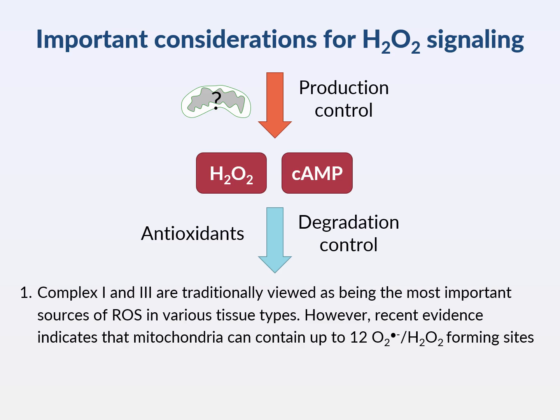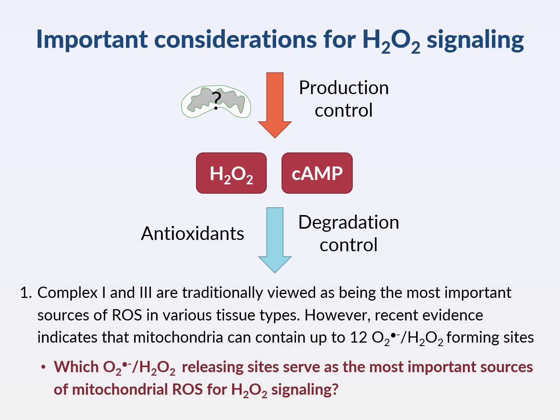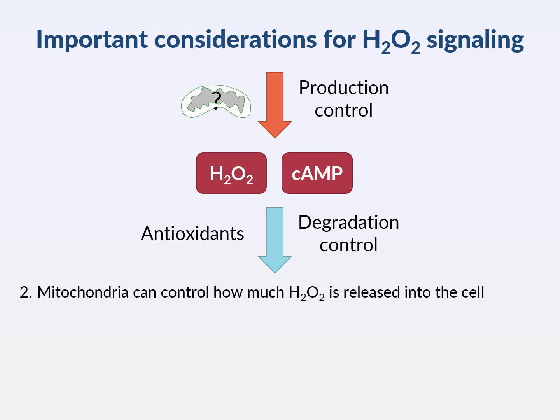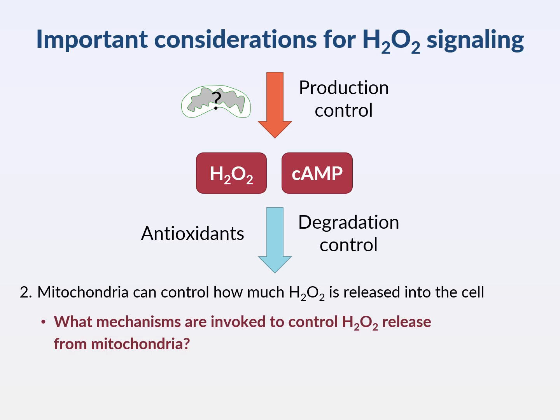So then the question becomes, which release site serves as the most important source of mitochondrial ROS in peroxide signaling? The second thing I will discuss is mitochondria and how they control hydrogen peroxide release from these different sites. What mechanisms are invoked to control hydrogen peroxide release from mitochondria?